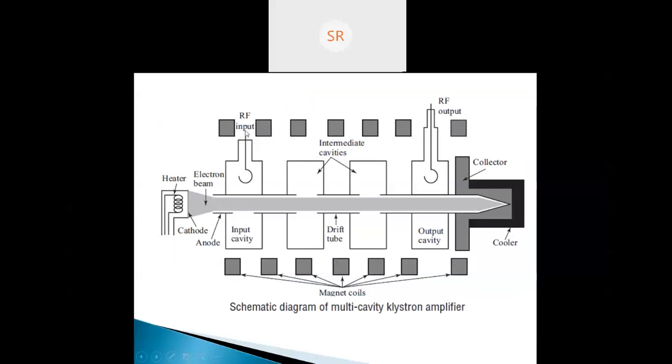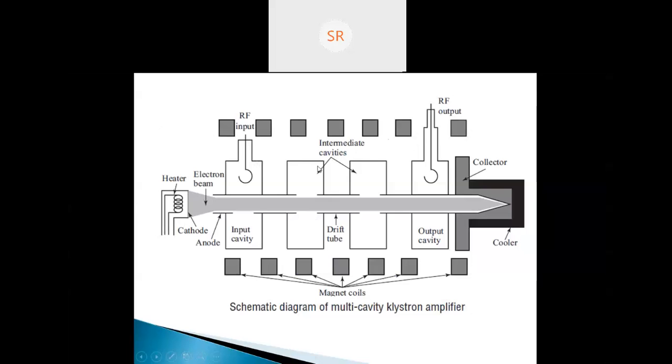See here. If you consider a two cavity Klystron, it has a Buncher cavity and a catcher cavity. But in a multi cavity Klystron, there may be an intermediate cavity, and these intermediate cavities are placed in such a way that we'll get a maximum output. Earlier we said that we need to consider delta L in between the Buncher and the catcher.